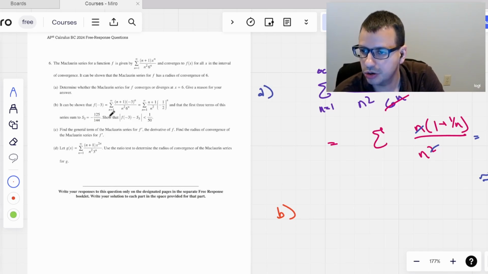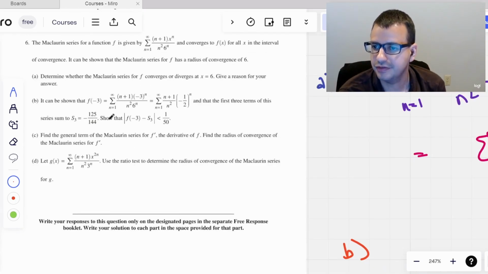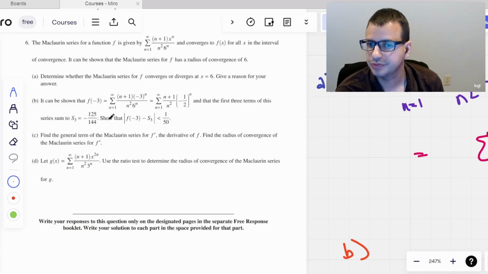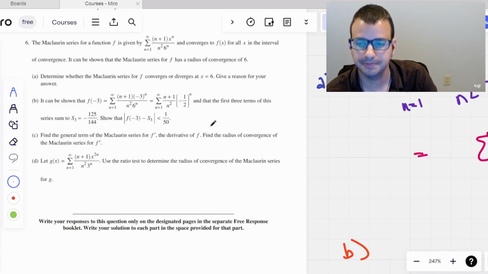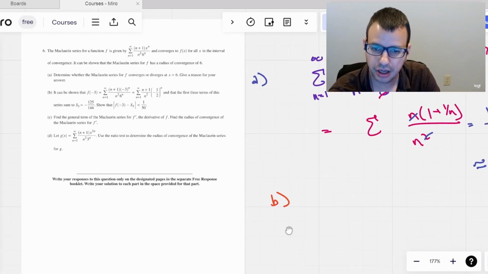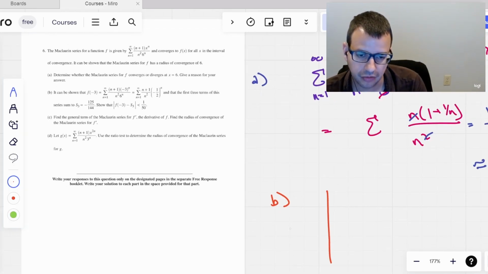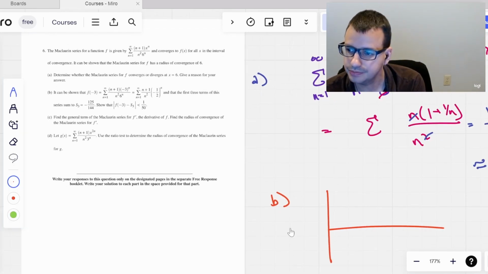It can be shown that, blah blah blah, f of negative 3, and the first 3 terms equals that. Show that this is less than 50. All right, so I'm going to draw a quick picture of what I think they're saying here.